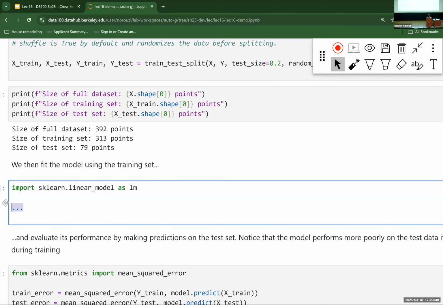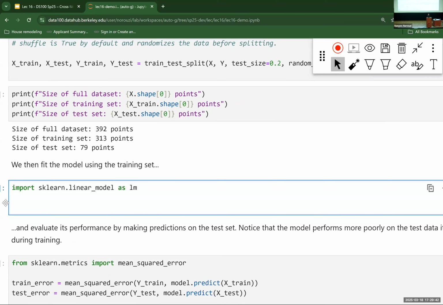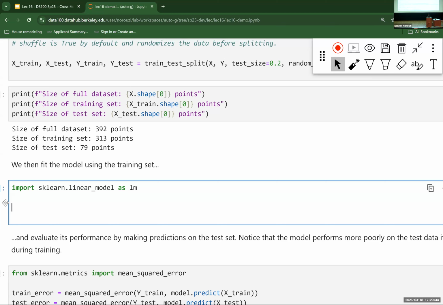So let's actually go ahead and do modeling. So this is our friend from, well, I'm reporting that as LM. So I'm saying that, okay, this model object I'm going to create, and I'll say lm.LinearRegression, right?